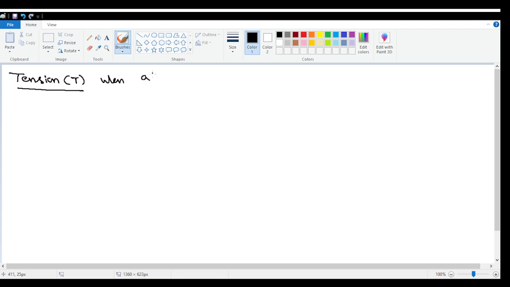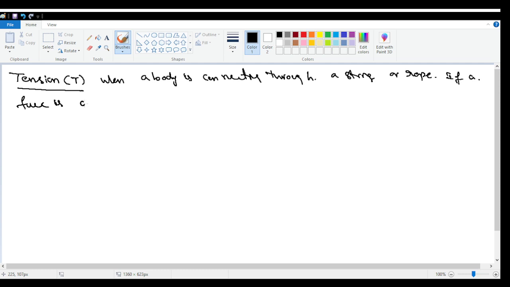When a body is connected through a string or rope, a force is acting on the string to pull the body.